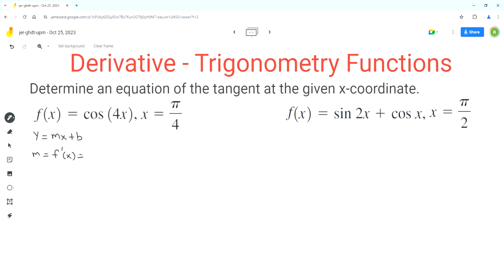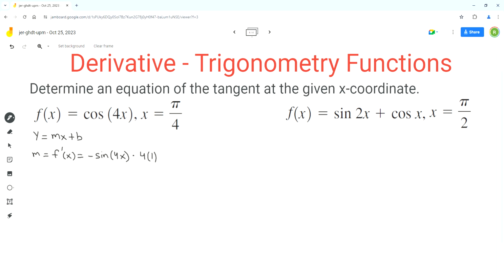So we have to find the derivative of cos of 4x. So we have to use chain rule because there is this outer function, the cosine function, and the inner function is the polynomial function 4x. So as per chain rule, we start with the derivative of the outer function, which is the cos function, and the derivative of cos is minus sine, times the derivative of the inner function, and the derivative of the inner function 4x is 4 times 1.